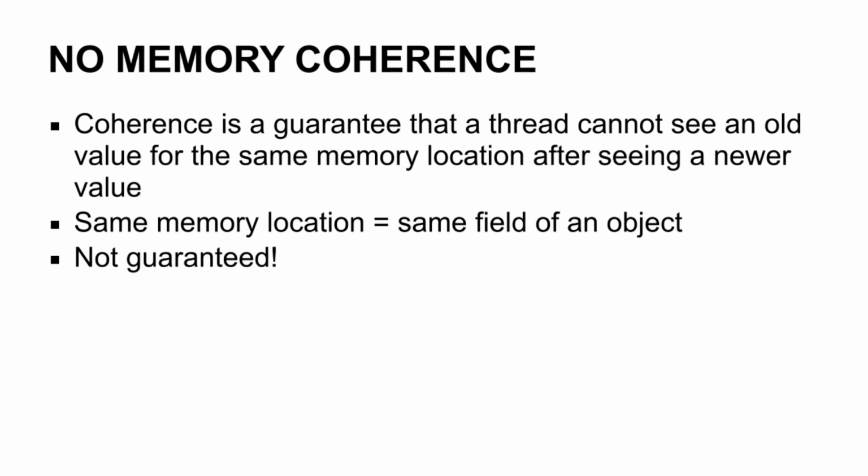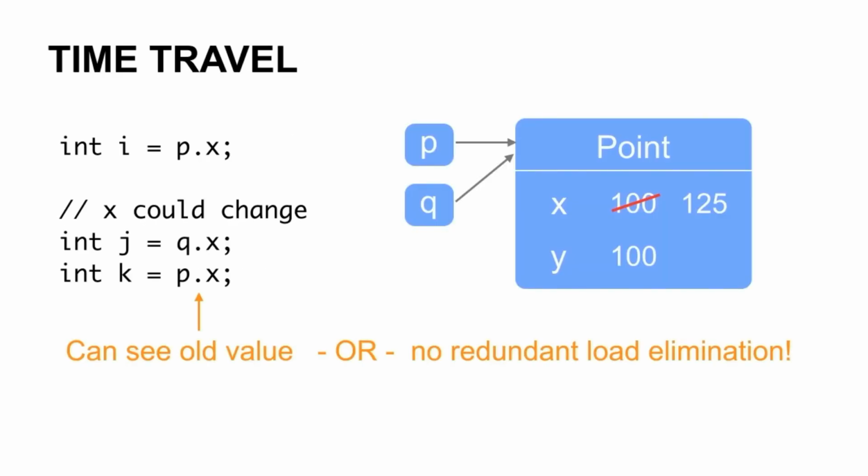I'll show you. Here's how we can achieve time travel, and it follows directly from the load elimination we saw before. We have int i equals p.x, and then we have int j equals q.x. But it just so happens that p and q both refer to the same point object. That is, the same field of the same object.